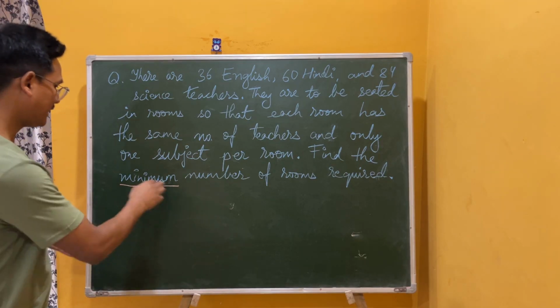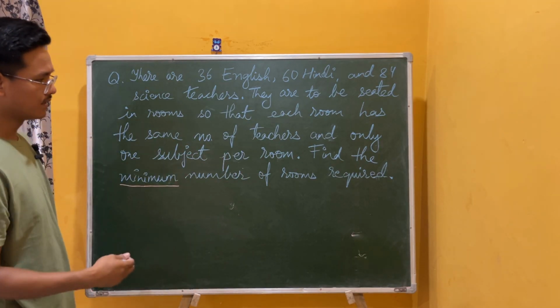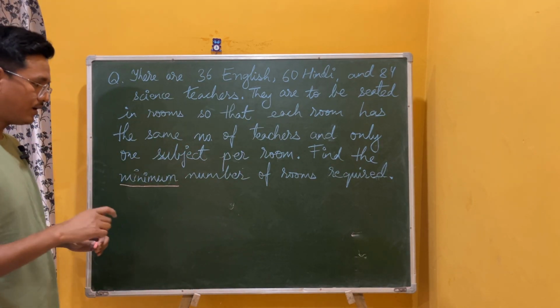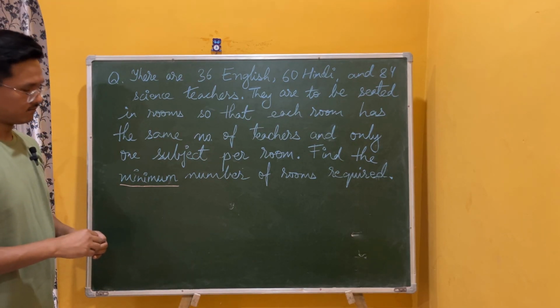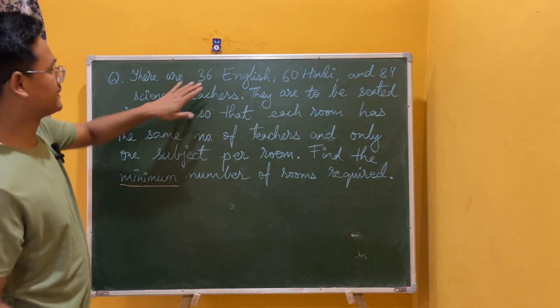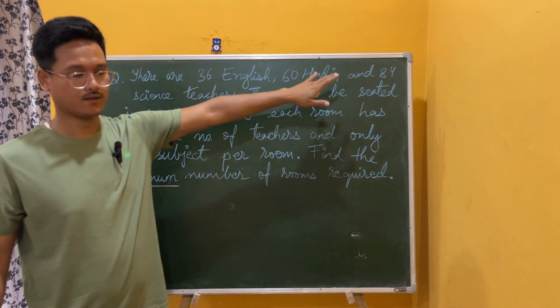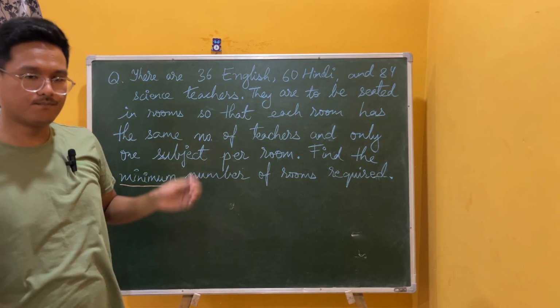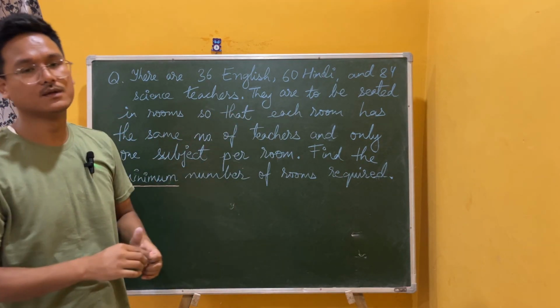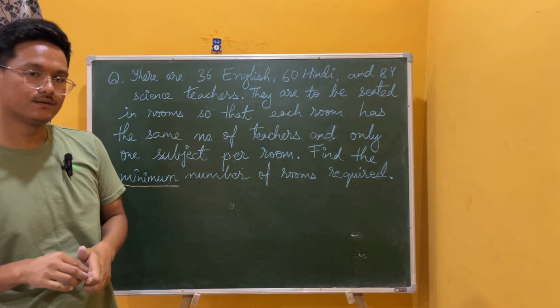So here, find the minimum number of rooms means, yes, we are supposed to find the number of rooms required, but we'll have to find the HCF of these 3 numbers. It means the more teachers you put in a room, the fewer rooms required.